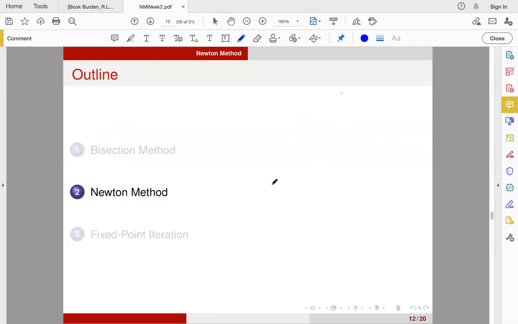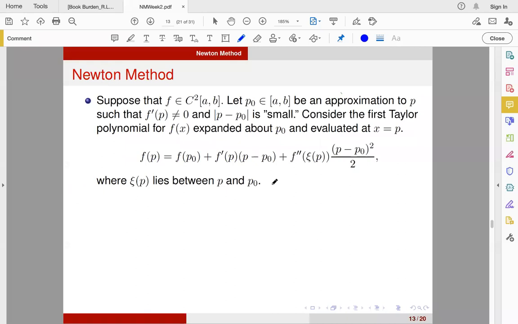Let's continue to Newton. So this is the Newton method. Suppose that f belongs to C2[a,b]. What does it mean? It means the function is continuous and differentiable up to twice.